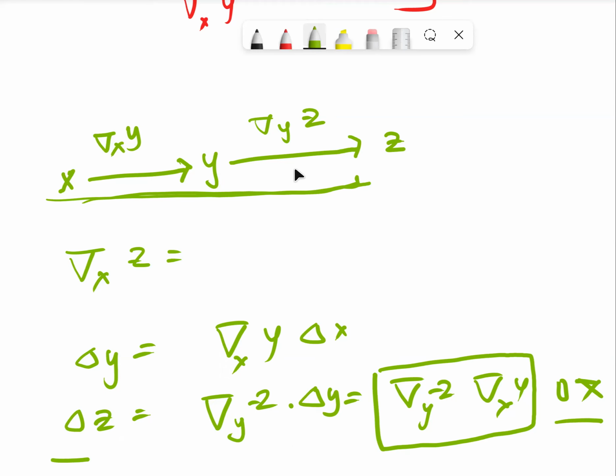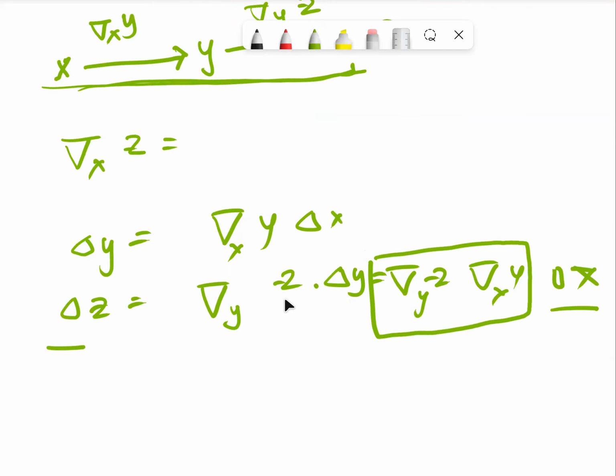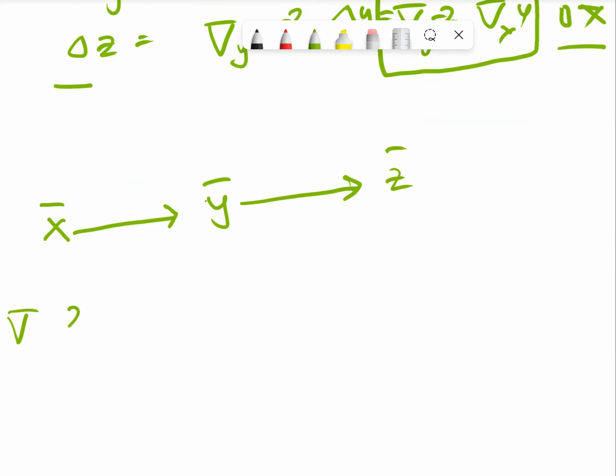And what you will find is that so long as you maintain this order, all of the dimensions are going to match. So if I have something of this kind where x is a vector which affects y, a vector, which affects z, a vector, then the derivative of z with respect to x is going to be what?